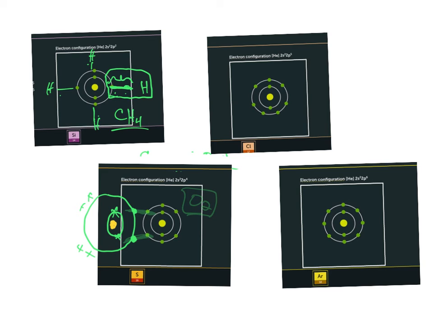Finally, we're going to move over to the right side of the periodic table. So this is fluorine. 2 in the middle, 3, 4, 5, 6, 7, 8, 9 electrons here, and it needs just 1 more electron in order to become stable. So fluorine, rather than forming a covalent bond, will form an ionic bond because it will take an electron from something.